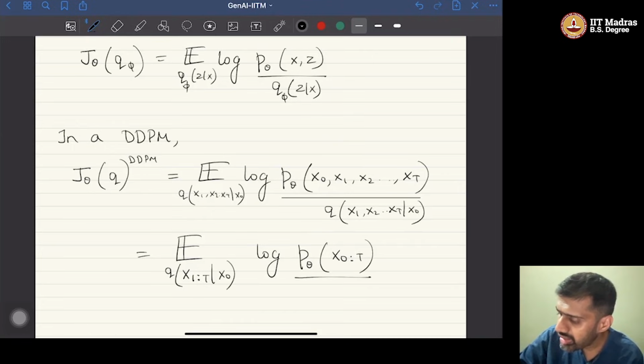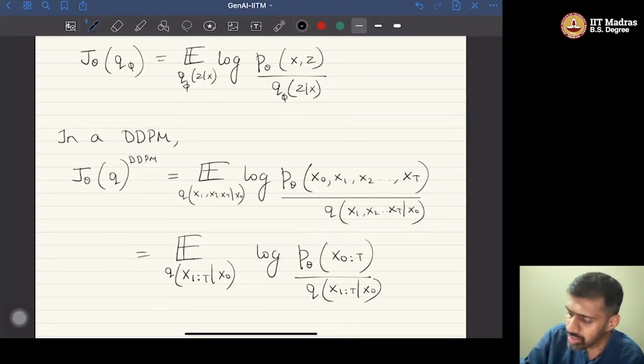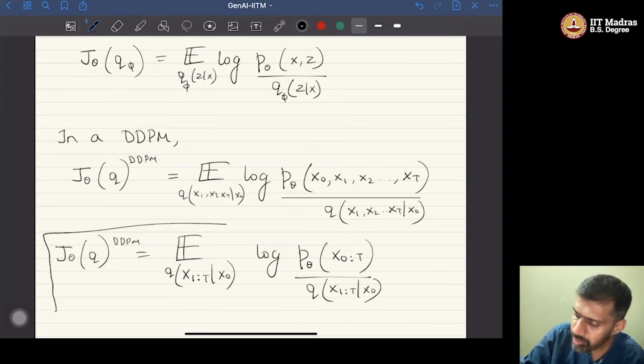Please note that while the model has a dependence on parameters theta, the encoding process here does not have any dependence. So this is the key equation that we are going to work with. The ELBO for DDPM is defined by this equation.